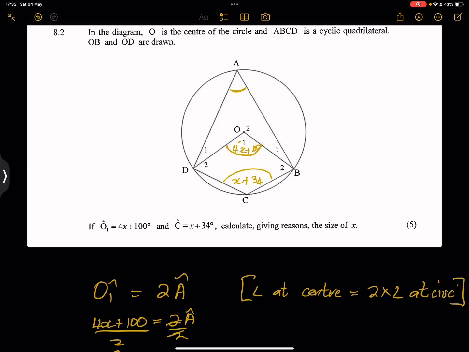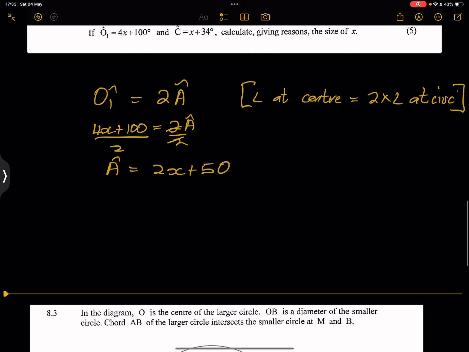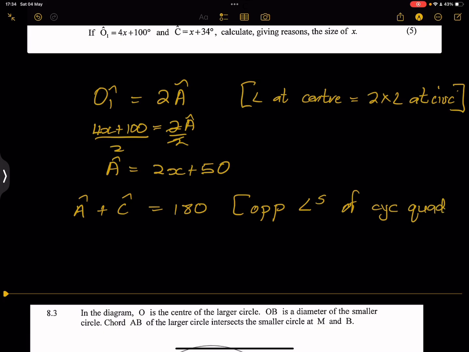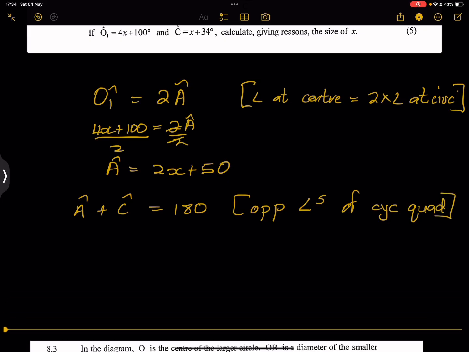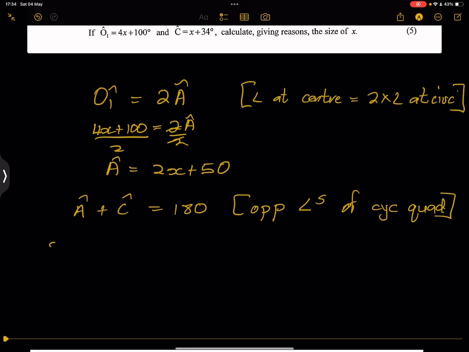Those are opposite angles of a cyclic quad. So angle A plus angle C equal to 180. That's opposite angles of a cyclic quad. Okay, so now we know the size of angle A, that's 2x plus 50.